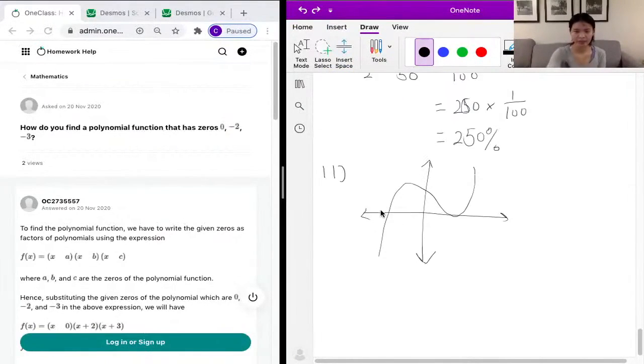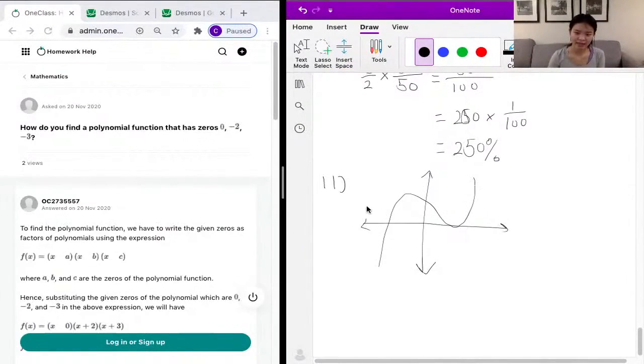The zeros of a polynomial function basically means that when the function crosses the x-axis, this is a zero. And we know that the value of y is 0 because that's when a function crosses the x-axis. So these two points are both zeros because it crosses and touches the x-axis.